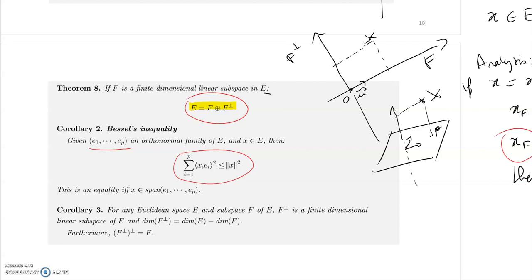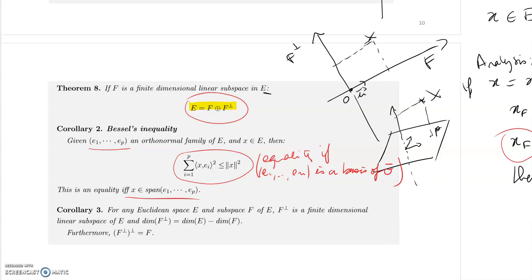And you've got equality in the case where e_1 to e_n is a basis of E. But as long as it's not spanning the whole space, then you've got an inequality, which seems pretty okay. All right. Next, we get the next corollary.